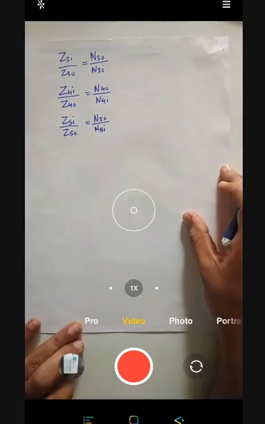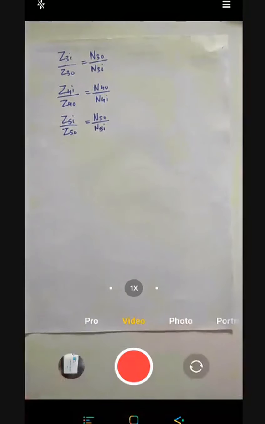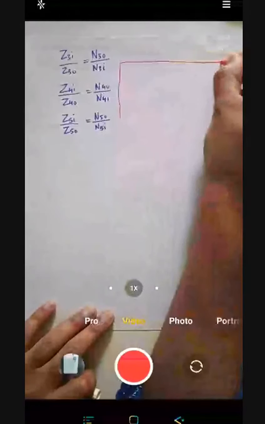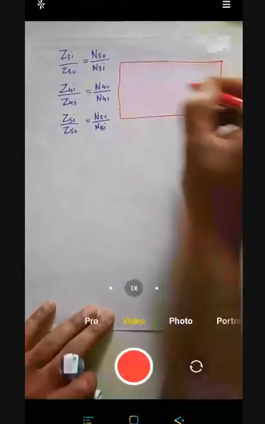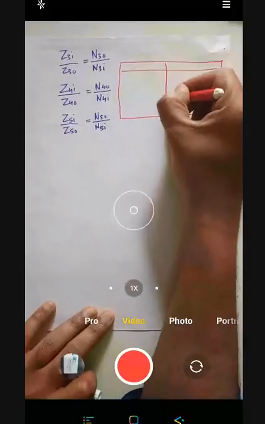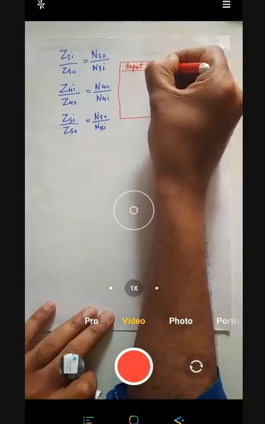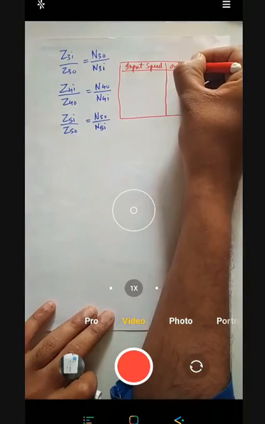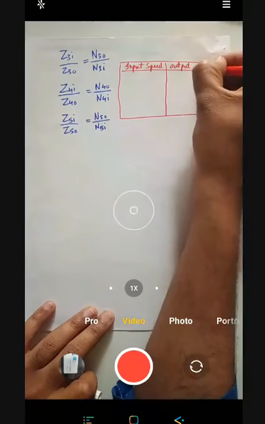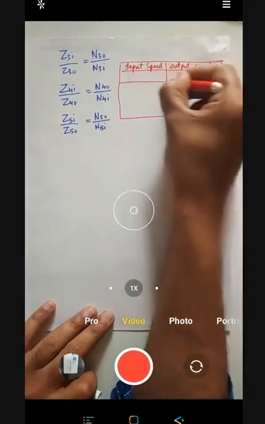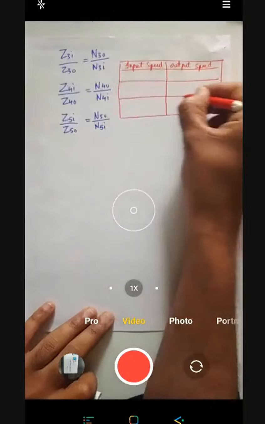But now again you want input speed and output speed, right? तो वो टेबल आपको आपके ऑप्टिमम डायग्राम से फिर से निकालना पड़ेगा. ठीक है. इनपुट स्पीड, output speed. So there are three input, three output.